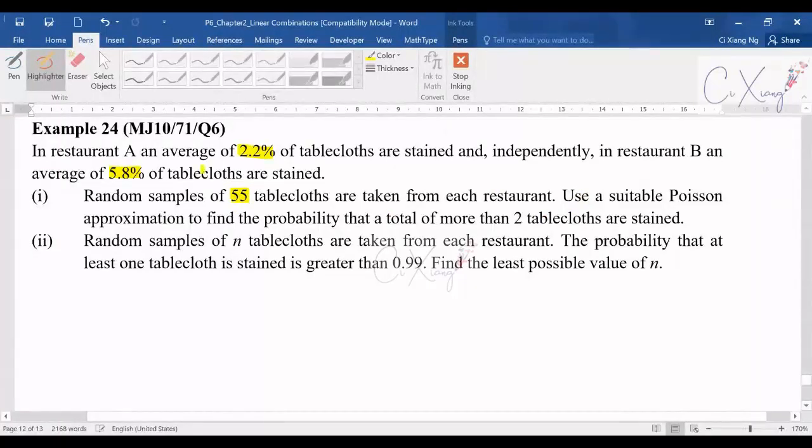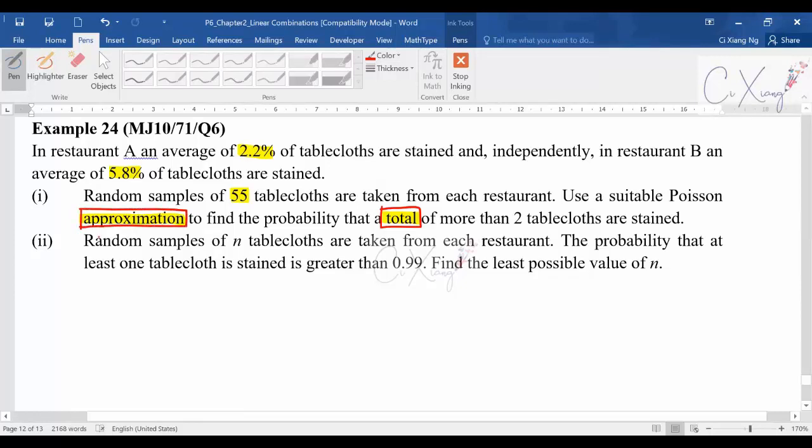Use a suitable Poisson approximation to find the probability that a total of more than two tablecloths are stained.